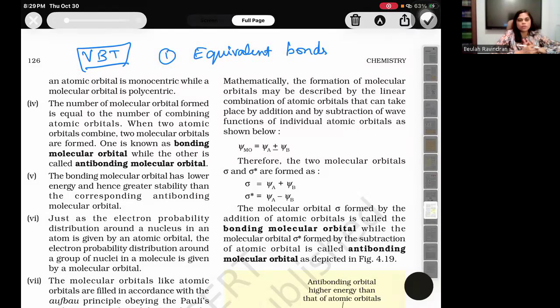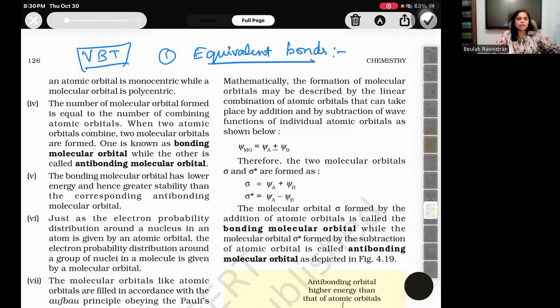In the column of equivalent bonds, you can write: difficulty in analyzing molecules with multiple identical bonds. If a molecule is bonded with multiple identical bonds, it is difficult to identify that, like those found in certain organic compounds or resonance structures.